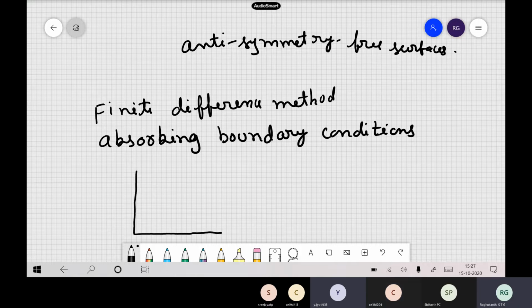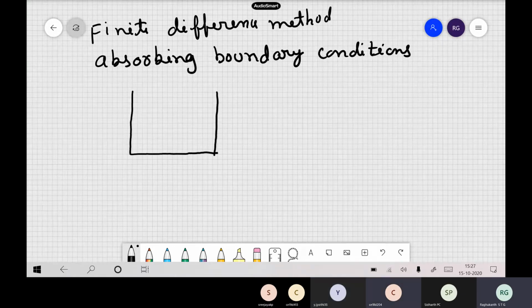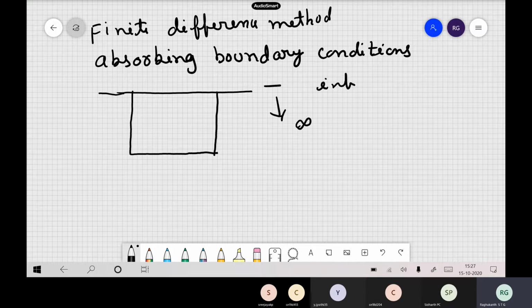Now, absorbing boundary condition is different. What is absorbing boundary condition? We are introducing a boundary condition such that the wave will get damped, which means representing an infinite medium. As I already told you, you have an infinite medium in these directions. So we are modeling only this much portion in our finite difference or FEM.